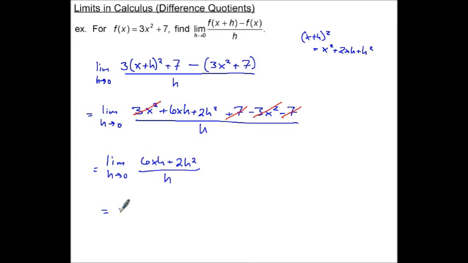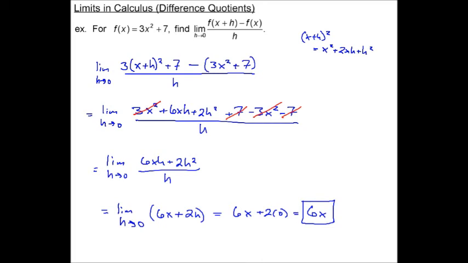So at this point, I'm looking at the limit as h approaches 0 of, canceling out an h, a pretty nice 6x plus 3h. Alright, now I'm getting a little bit low on space here, but I think I can pull this off horizontally. This equals, plugging in a 0 now for h, 6x plus 3 times 0, which I don't think I need a calculator to tell me is going to be just a plain old 6x.